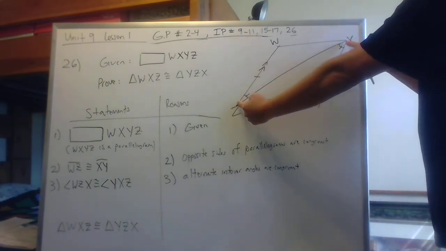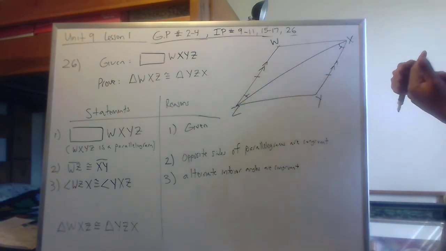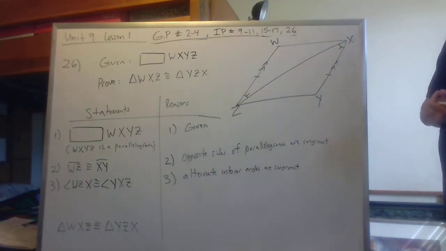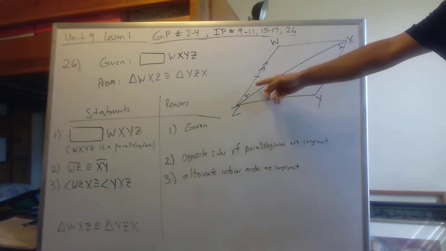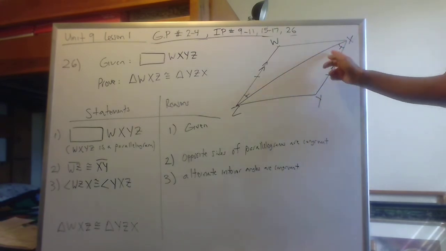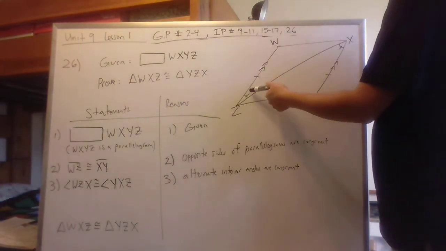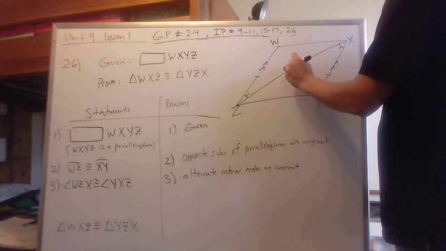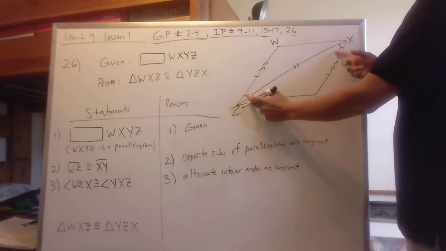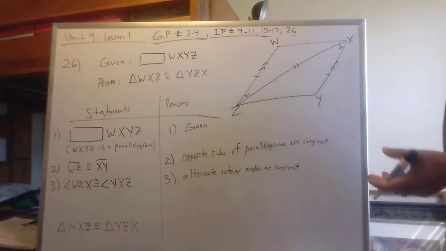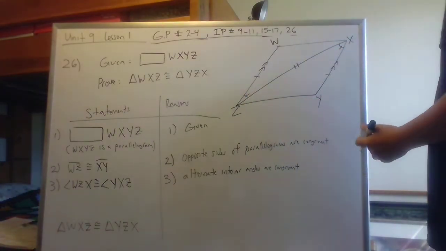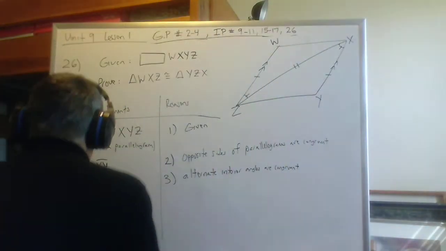The diagonal creates alternate interior angles. And so these two angles are going to be congruent. So we have a side, an angle, and then what about this diagonal? ZX or XZ.